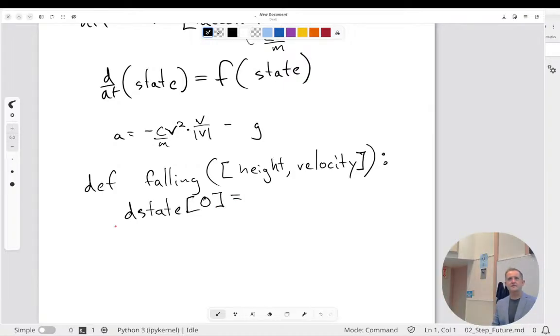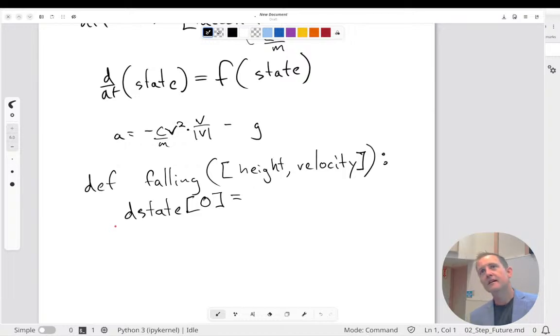So what's the first d state, the change in my state? I have an input of height and velocity. How do I calculate that first derivative of that current state? Which one? Just gravity?